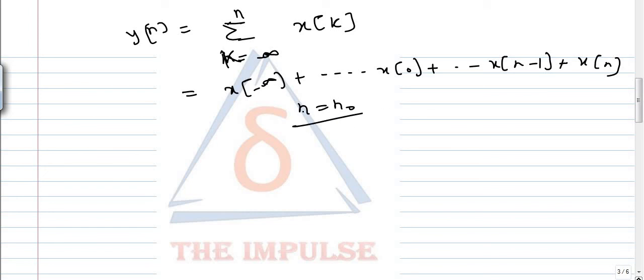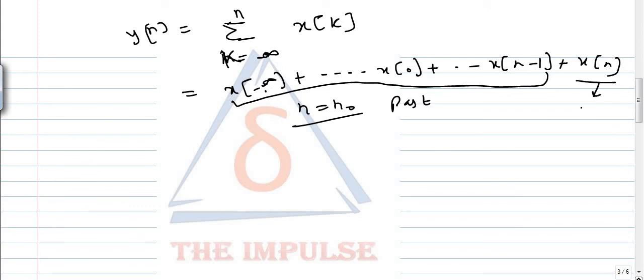This term represents the past values of input, and this particular term is the present value of input. So my output y[n] depends, for any present value of time, on past value of input as well as present value of input. So this system is causal.